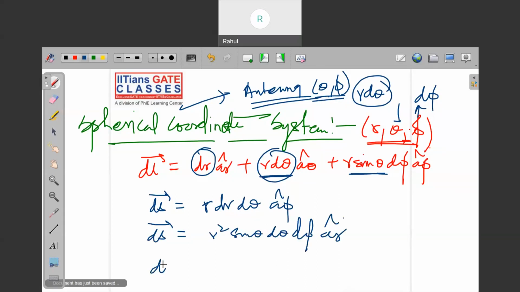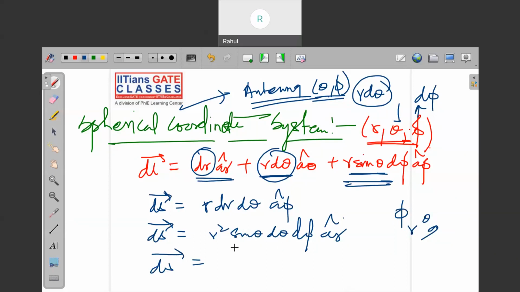Now ds can be written as, you can take the multiplication of these two. Because you know that r, theta, phi, if you are taking the cross product, r cross theta means phi only.